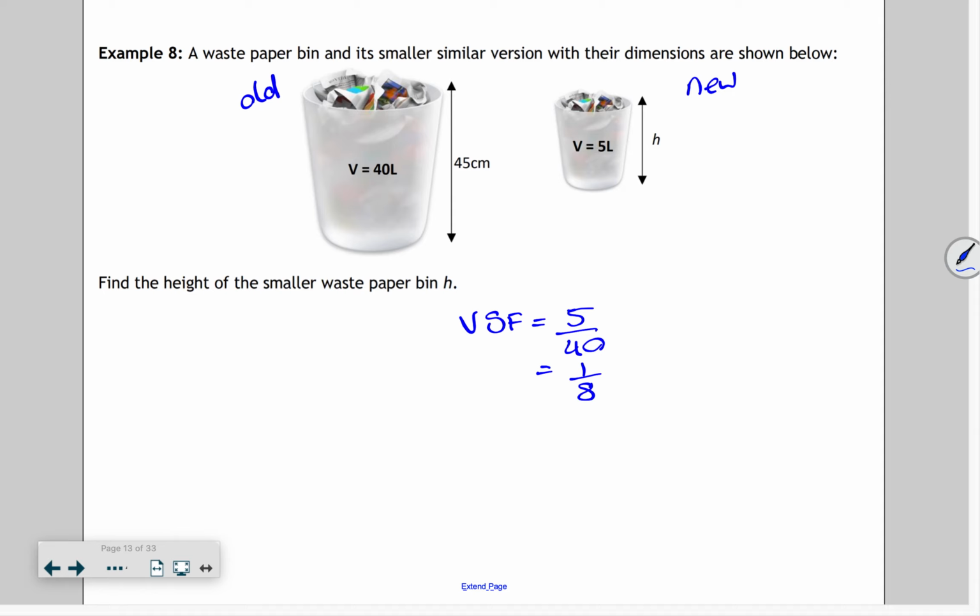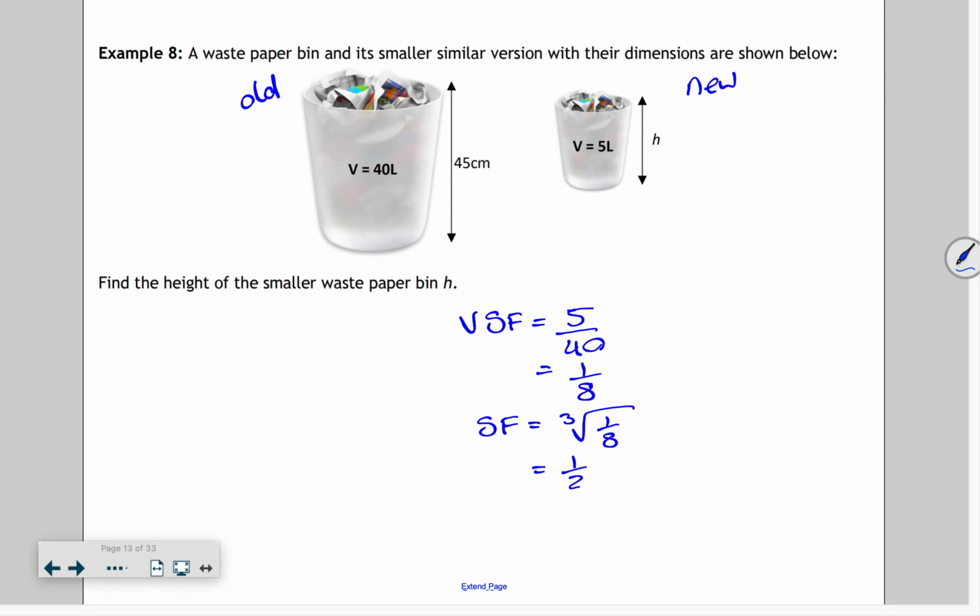Because I want to work out the similar lengths, I want to do the opposite of what I would do to get the volume scale factor and find the cube root of it. So the scale factor is going to be the cube root of an eighth. If you ever want to cube root a fraction, you cube root the top, cube root the bottom, so that would just give us a half.